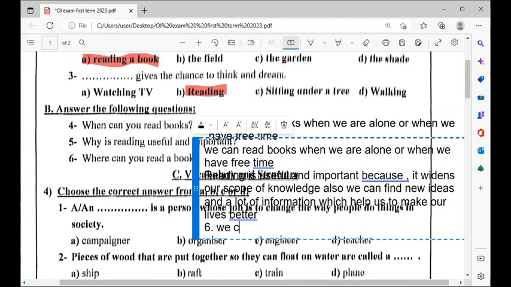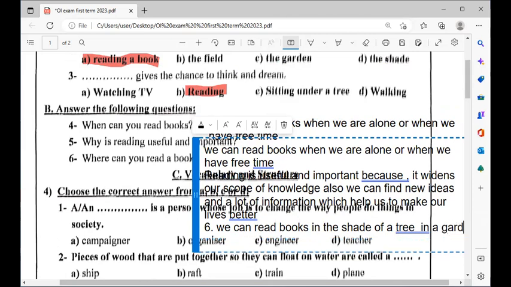We can read books in the shade of a tree, in a garden, or a field, or in a public library.